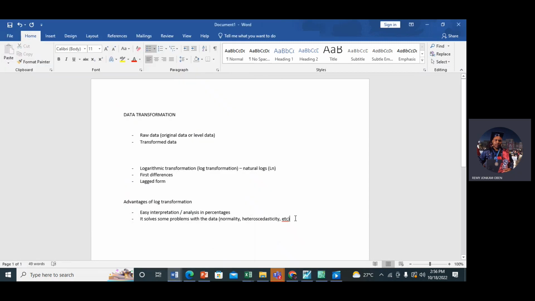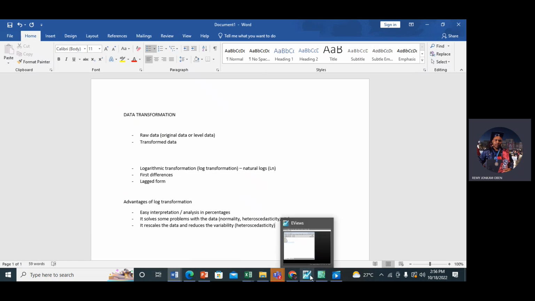We have a third advantage of log transformation: it rescales the data and reduces the variability, and this is what actually solves the heteroscedasticity problem. I'll show you on EViews what I mean by that.